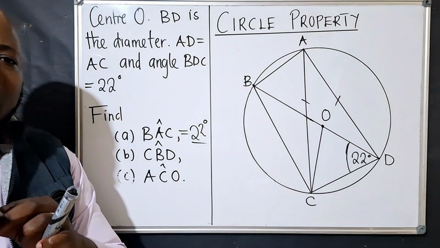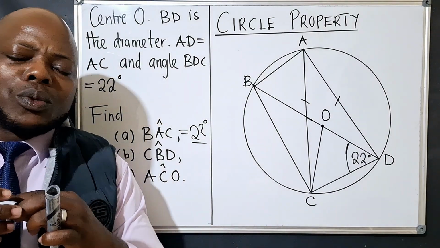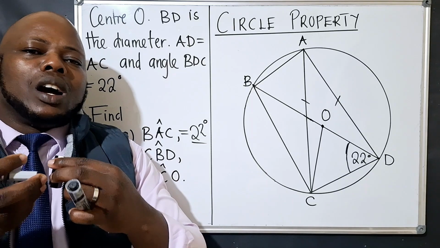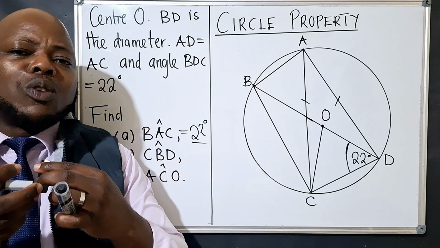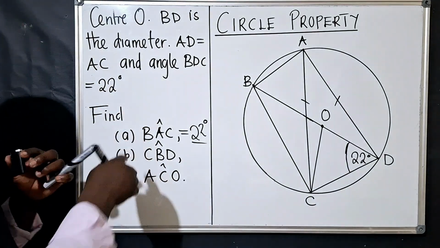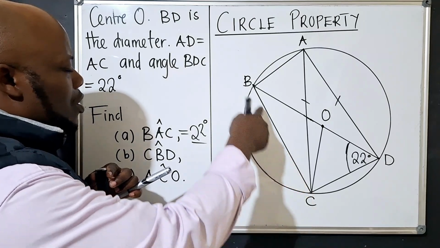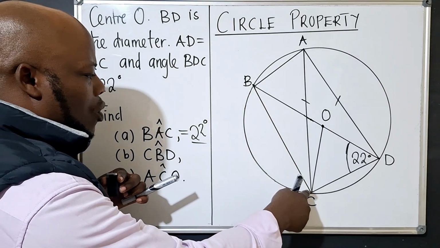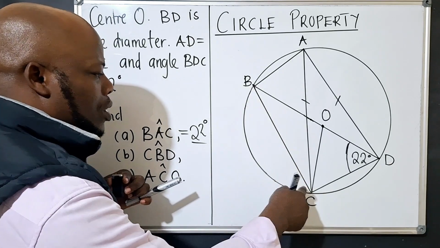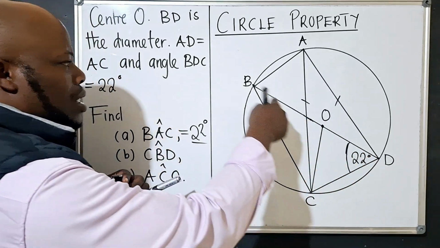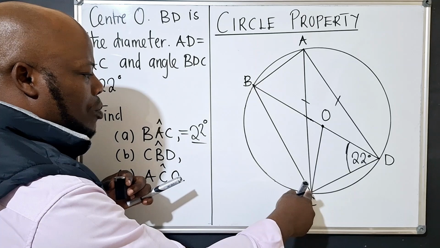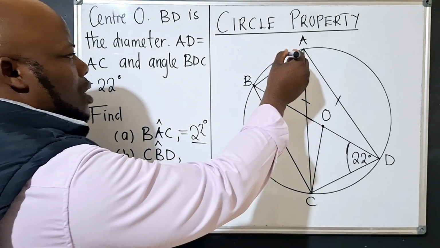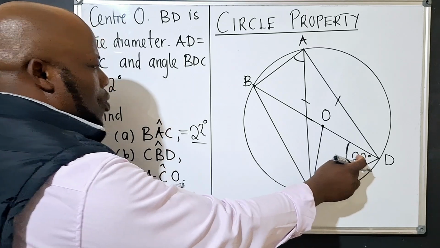I know some of you may be asking me that, how did I know that it's 22? There is a property which we use for us to find angles like on question A. Look at this. Can you see this chord right over here? There is a triangle which is coming from this same chord, touches the circumference, comes back. Again here from the same chord goes, touches the circumference, and then comes back. So this angle will be equal to this angle.